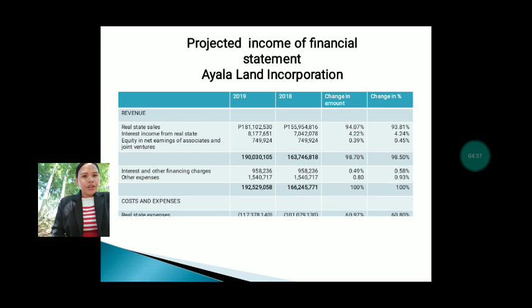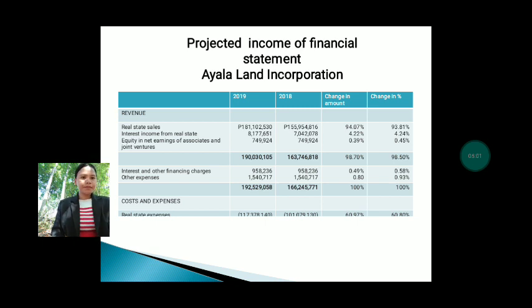For real estate sales, the amount for 2019 is 181,102,530, divided by the total net sales of 192,529,058.